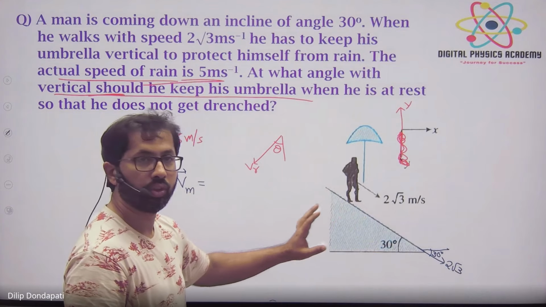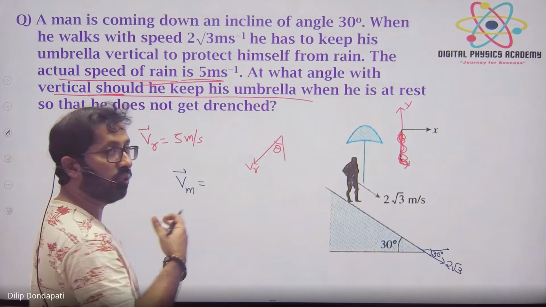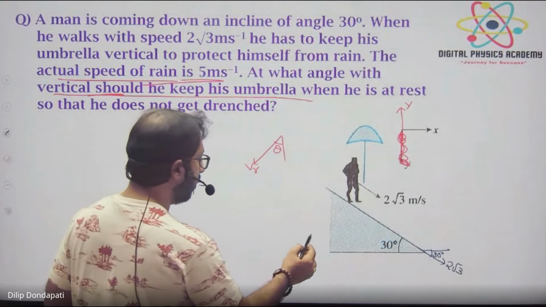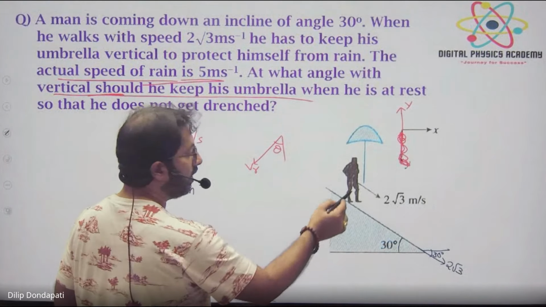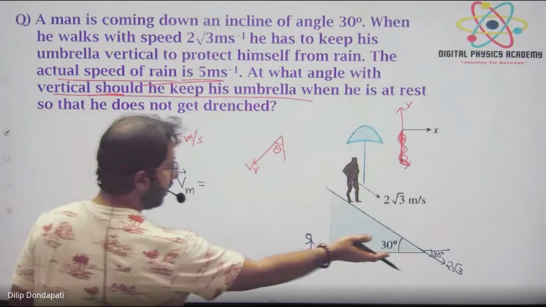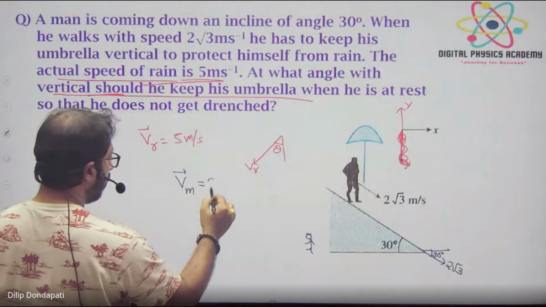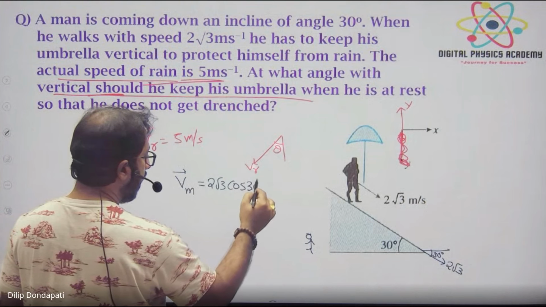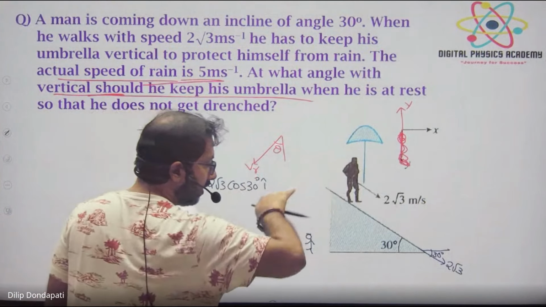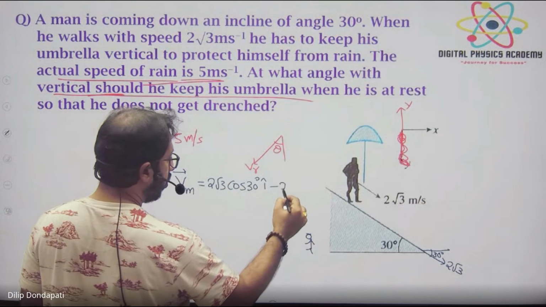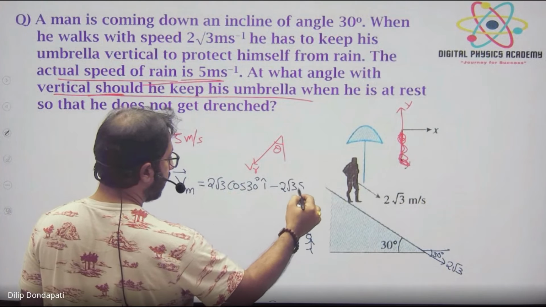Okay, so velocity of man with respect to ground; the person standing on the ground is seeing that he is coming with 2 root 3 meters per second. Okay, so sir, now take the angles here, this side is cos, right, 2 root 3 cos 30 i cap because x direction, then downwards minus 2 root 3 sin 30.